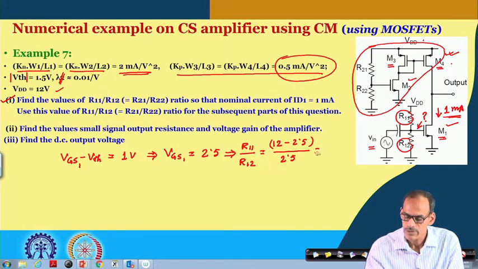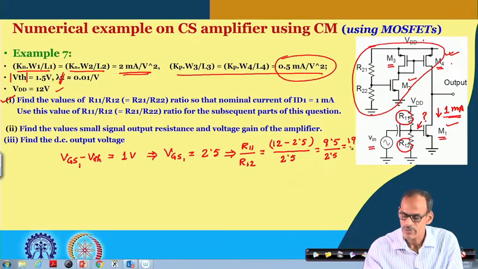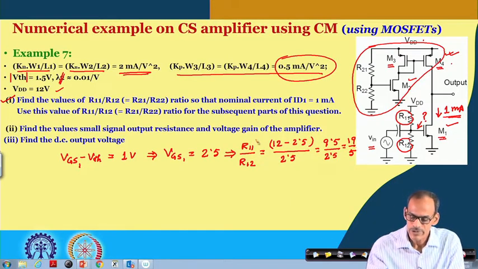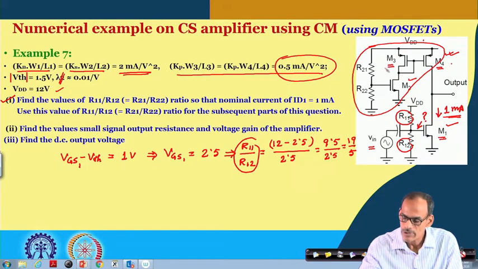In fact, this is equal to 9.5 by 2.5, or we can say this is 19 by 5. So, if you use this ratio for this part also, that also sets this current equal to 1 milliampere.